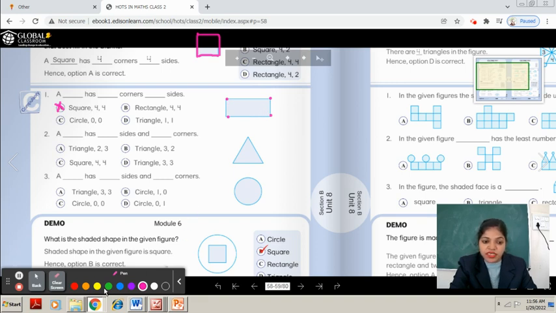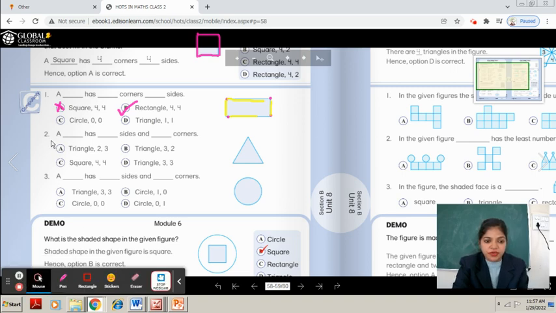Now we will count the sides. How many sides does it have? 1, 2, 3 and 4. Yes. So which option is right? Option B. Is it clear? Okay.